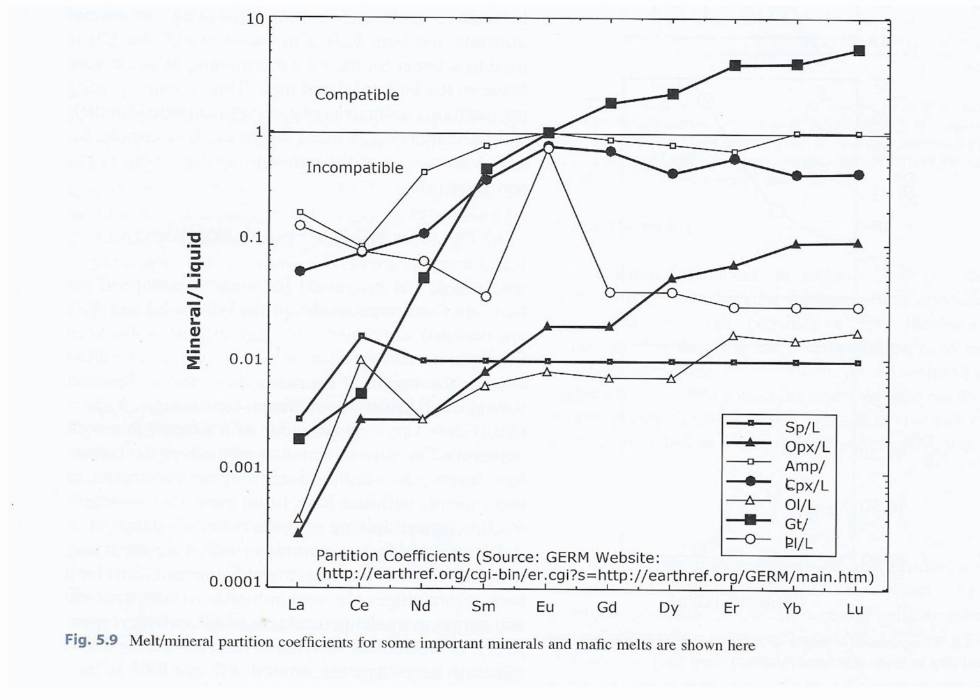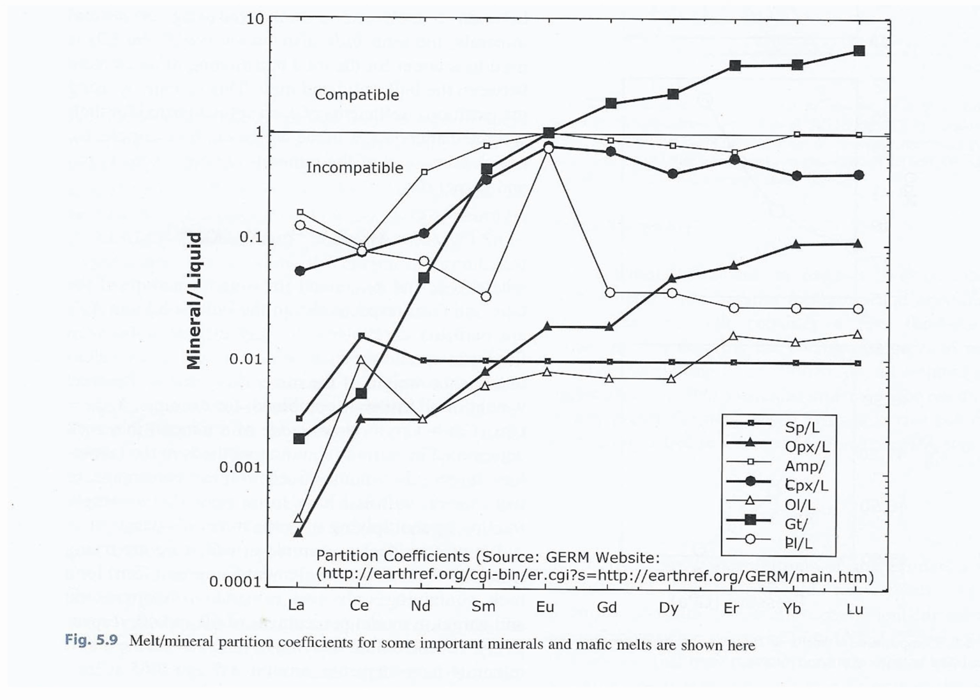The light rare earth elements are on the left hand of the diagram, and the heavy rare earth elements are on the right of the diagram.